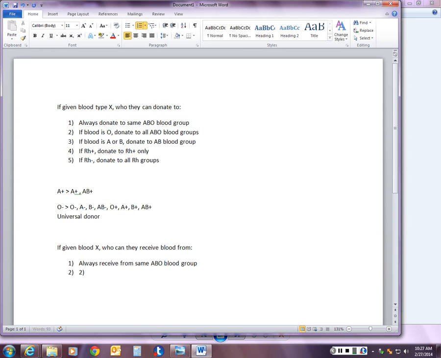Rule number 2, everyone receives from the O blood group. And rule number 3 says if the blood group is AB, then you can receive from all ABO blood groups.